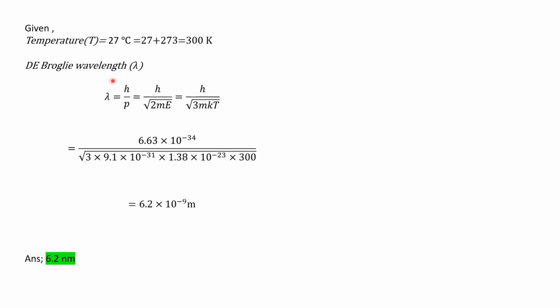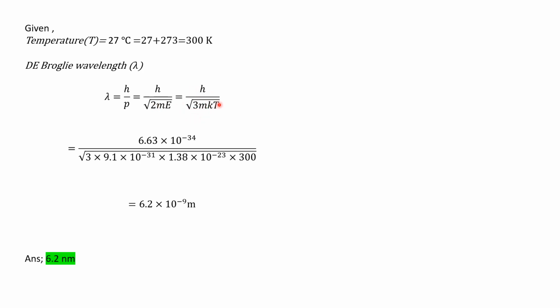So our de Broglie wavelength will be equal to, we know that lambda is equal to h by p, and p can be written as root over 2mE. Also because we have to find it with temperature, here we can put the value of E as 3kT by 2. So our final result will be h by root over 3mkT.